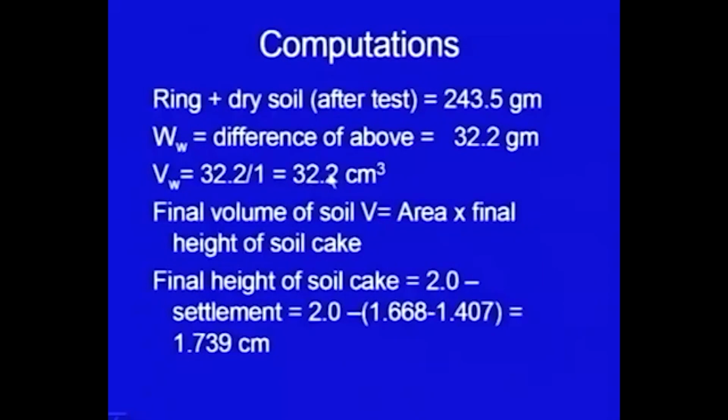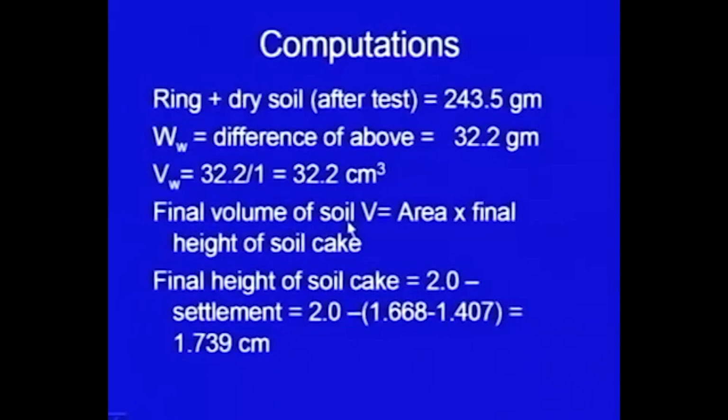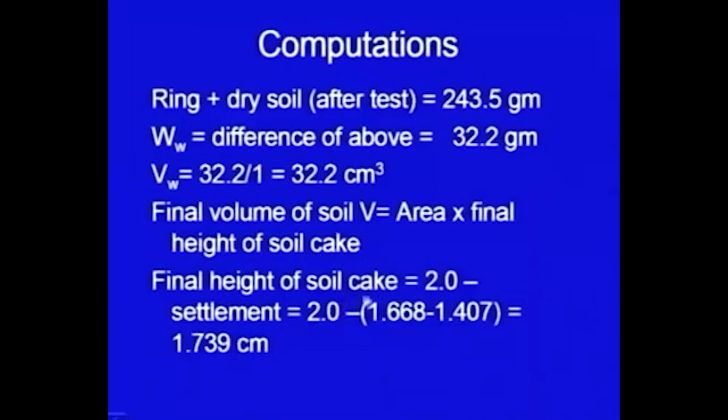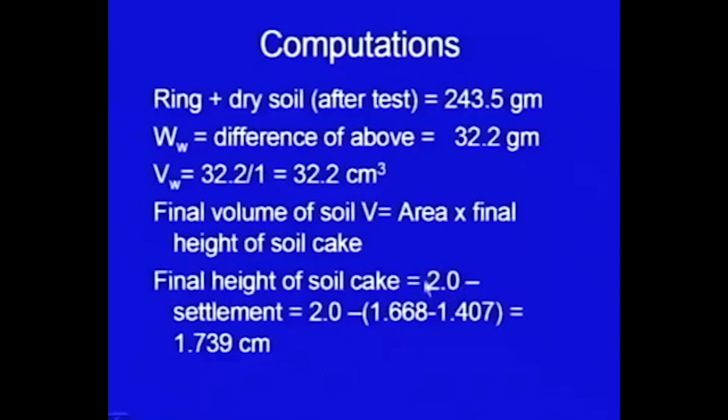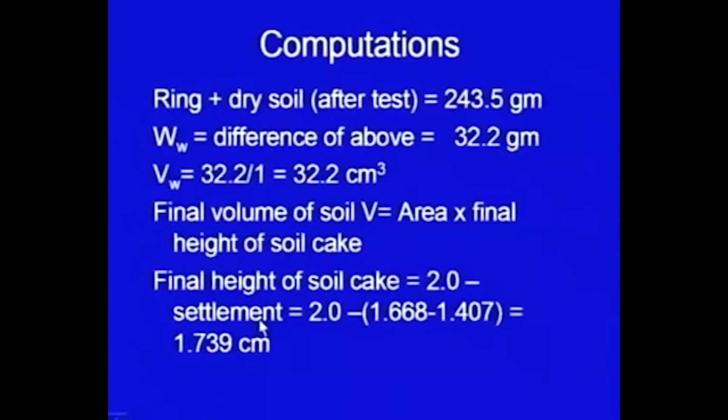Once the weight of water is available, you can calculate the volume of water. Now, you calculate the final volume of the soil cake, which is equal to the area of the ring into the final height of the soil. The final height of the soil cake, as I told you, will be the initial height, 2 centimeter, minus the final settlement.